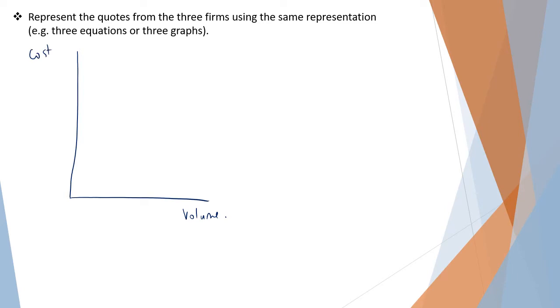If we go back to the resource sheet, the volume is going to be up to 4 meters cubed. So you want at least 4 on the x-axis, but try and stretch it a long way.